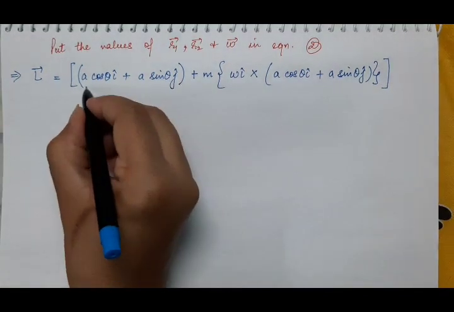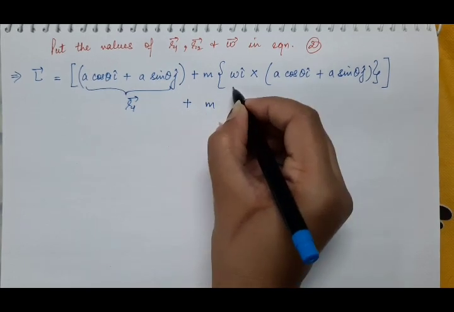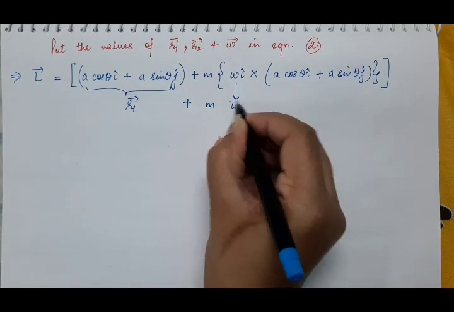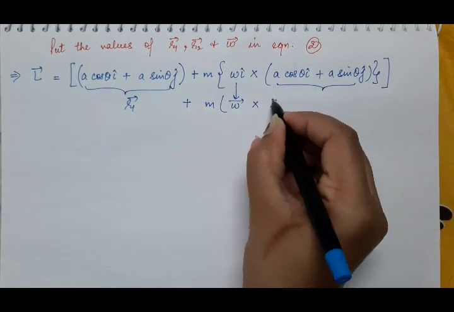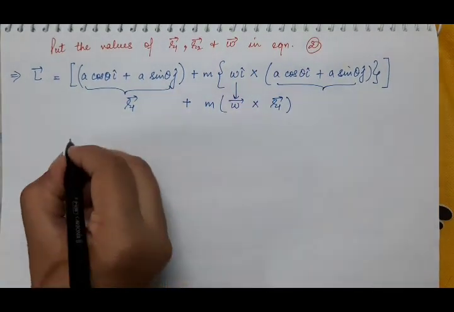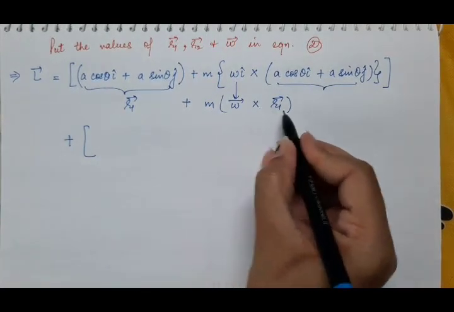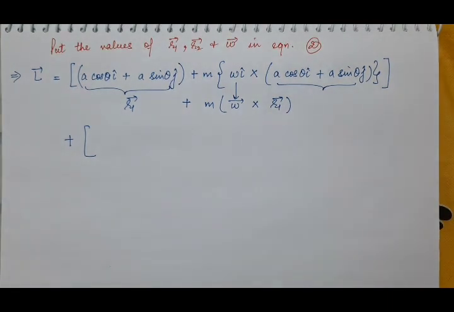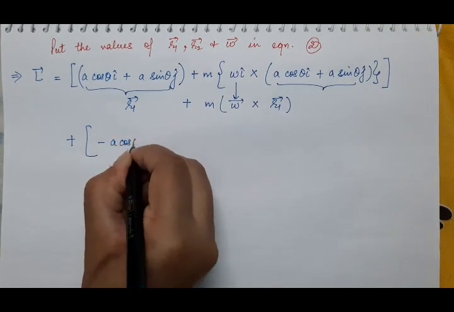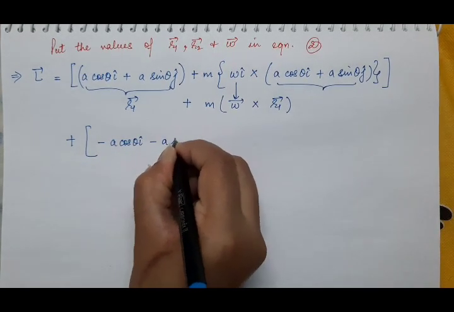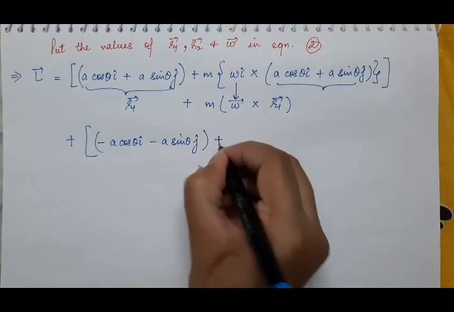So this is r1 vector plus m omega vector cross r1 vector, plus r2 cross m omega cross r2. So what is the value of r2 vector? It is minus a cos theta i cap minus a sin theta j cap, plus m.